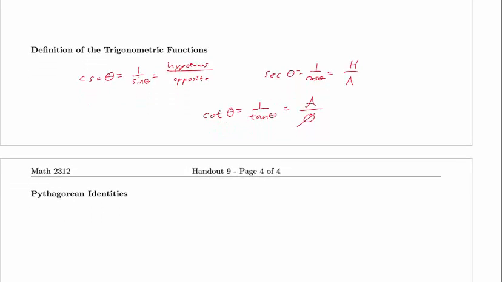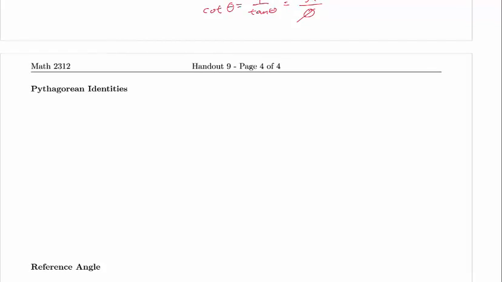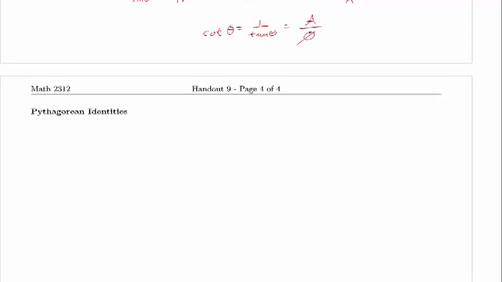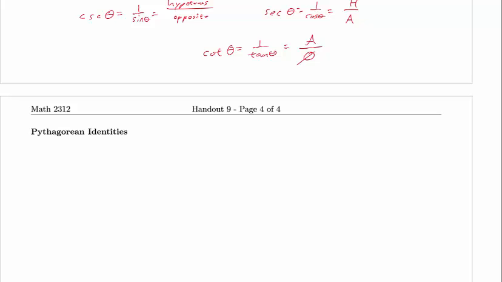All right, and so now for the Pythagorean identities. So this all starts off with r squared equals x squared plus y squared.